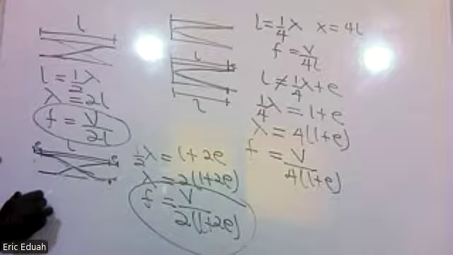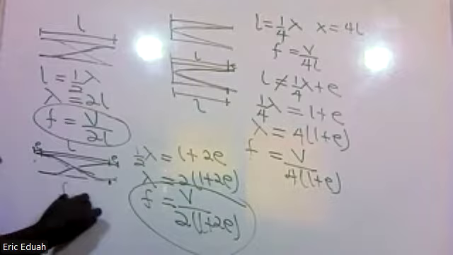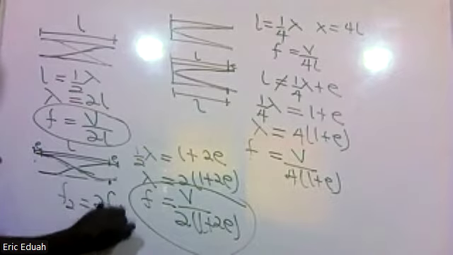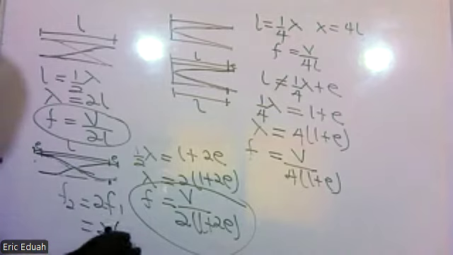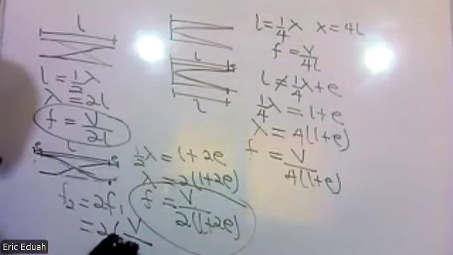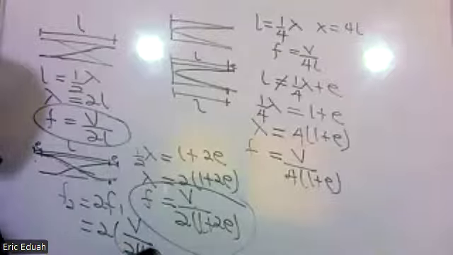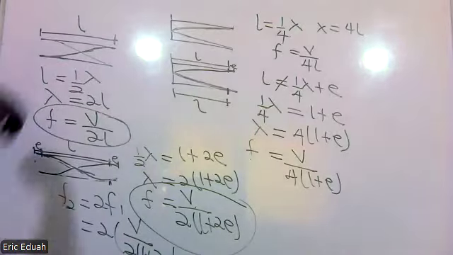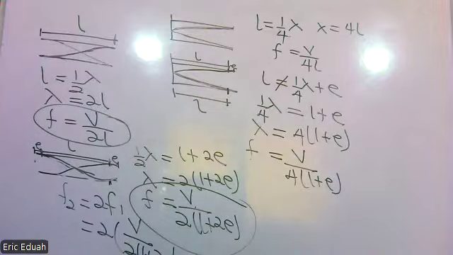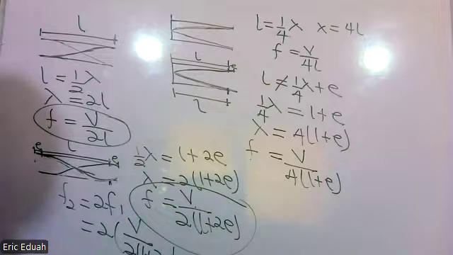So the second harmonic F2 will be 2 times F1, so 2 times V over 2(L plus 2E). Then 3 times, 4 times, and so on. So this is what happens whenever there is a consideration for an end correction.